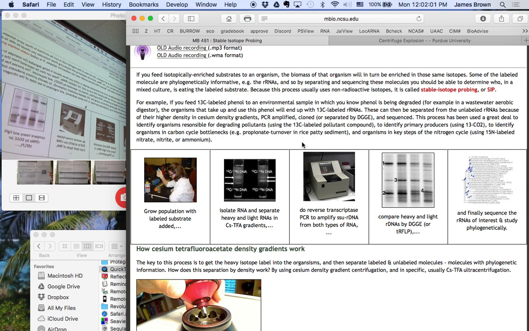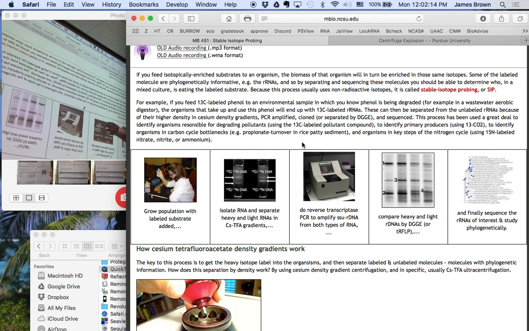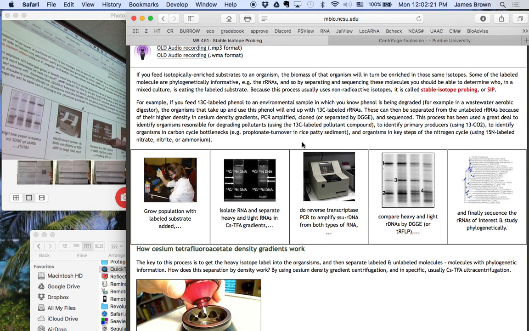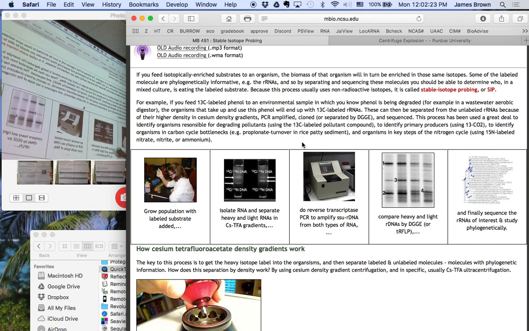All those things have a density of 1, more or less. But they bind different amounts of cesium, and that cesium increases their density. RNA binds a lot of cesium. And so you average this out to 1.7, and when you spin it, the cesium atoms settle a bit down. And so this might only be 1.6 up here, it's 1.7 here, and it's 1.8 down here. And it's a smooth gradient.